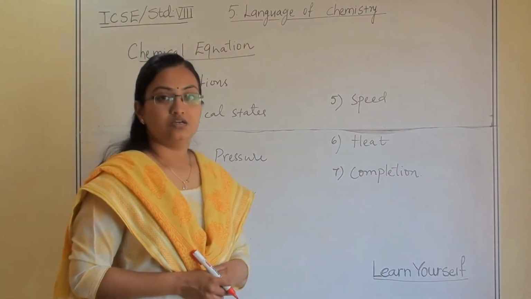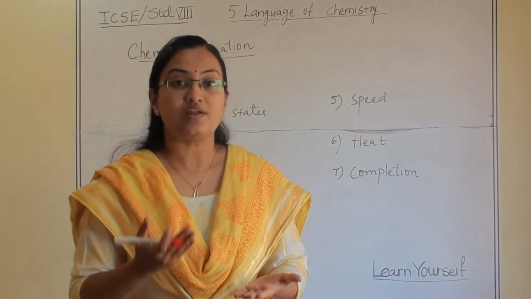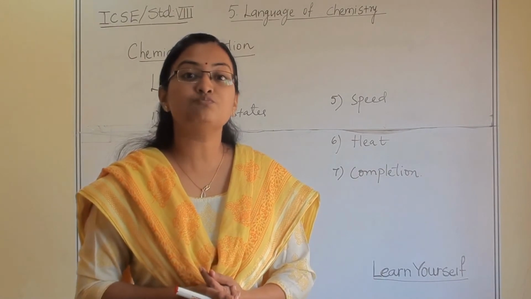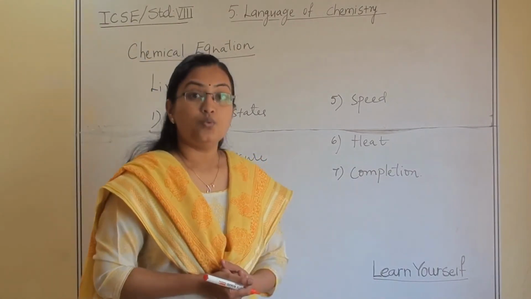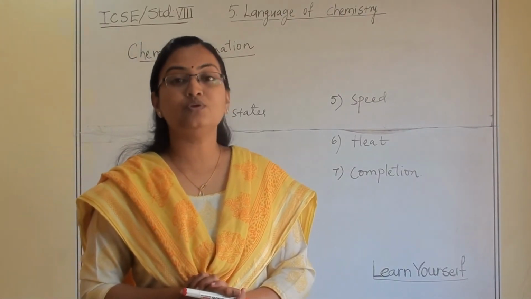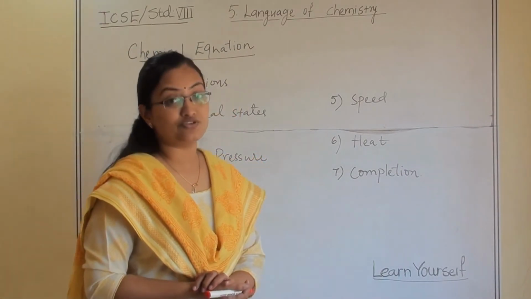Then speed. Whether this reaction will happen in 5 minutes or at the moment or after 1 hour, we do not know the speed of the particular reaction. Heat. Whether heat will be generated at the end or not, that we do not know from the molecular equation. And completion.